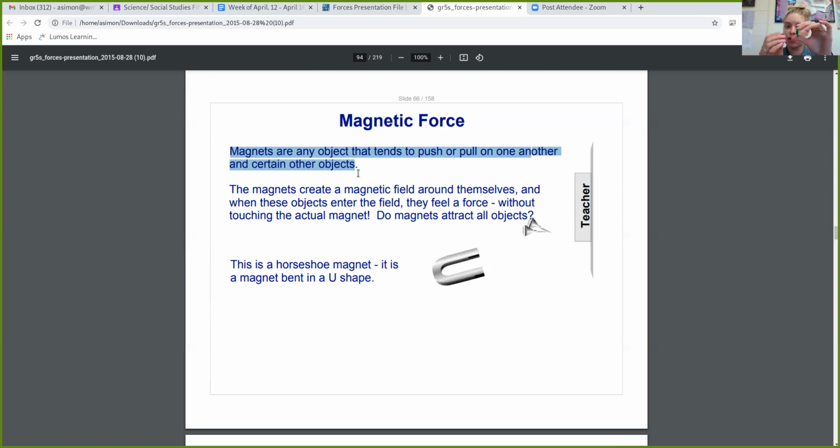So obviously it's going to attract something that is metal, but this magnet is not going to be pulling this pencil. If I let go of this pencil, it's just going to fall. It's not attracted to the magnet at all. So no, not everything is attracted to magnets. And this is an example of what we look at with a magnet. It's called a horseshoe magnet and it's shaped like a U.